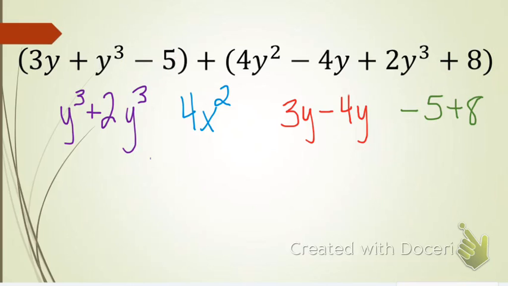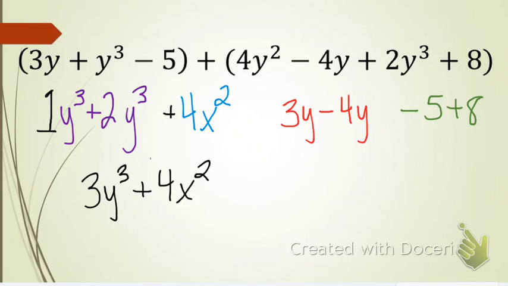The last thing you do is combine everything, combine your like terms. Now for my term of y to the third, keep in mind that this first y to the third has a 1 in front, so I'm going to use that to my advantage. 1 plus 2, add the coefficients. 1 plus 2 will make a 3. And keep what they have in common, which in this case was y to the power of 3. Next, I have 4x squared. The 4 is a positive, so put a plus sign, 4x squared.